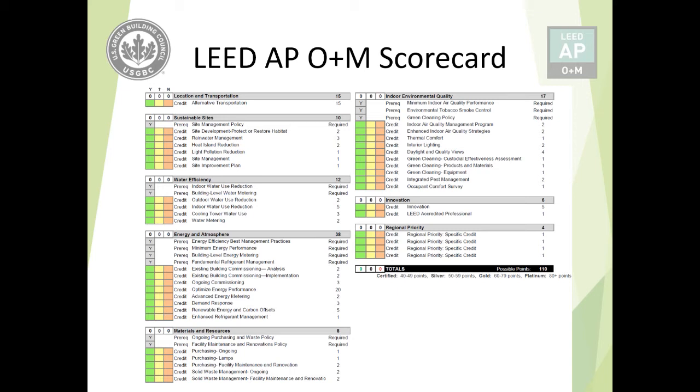The mandatory prerequisites are already marked here with a small letter Y, which means yes, you have to go for this. If you do not fulfill the intent and requirements of these prerequisites, you will not be able to get your project or your building LEED certified. So these are required, as mentioned, and the others are optional.